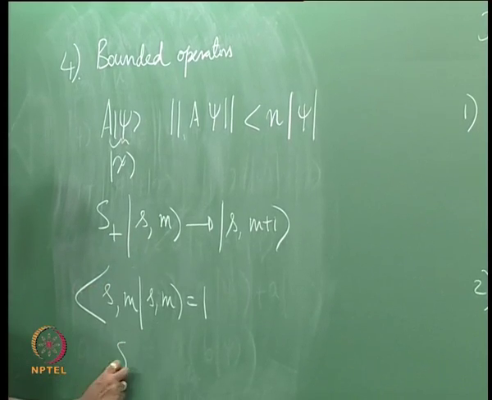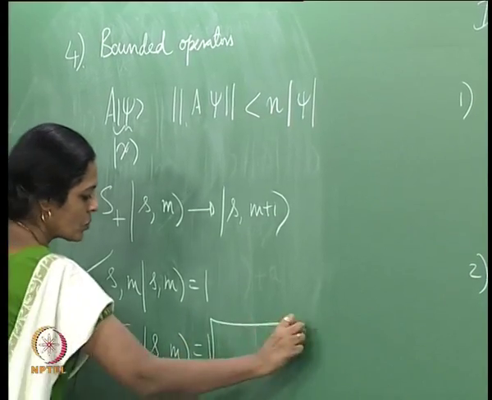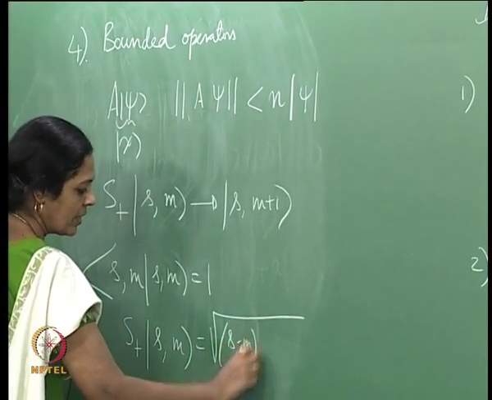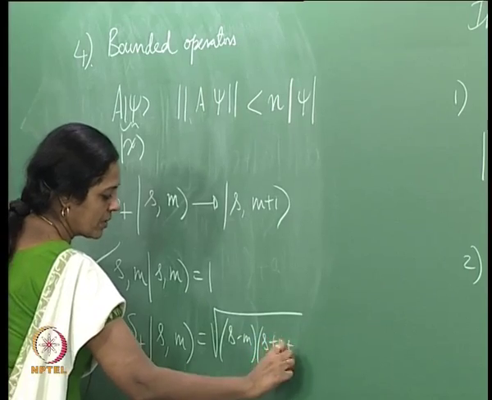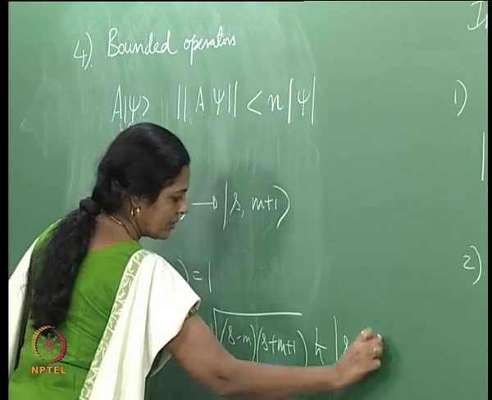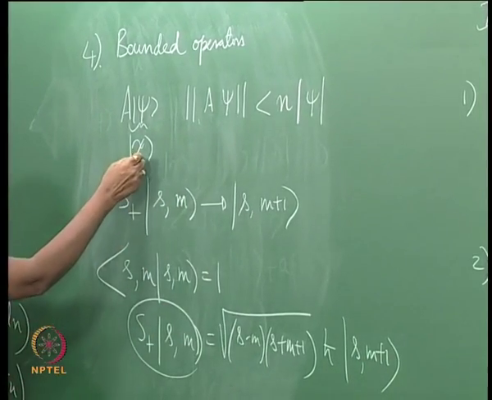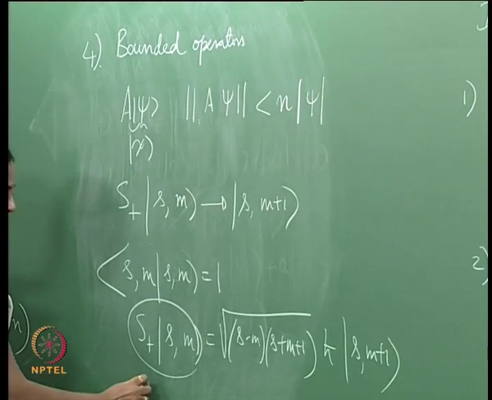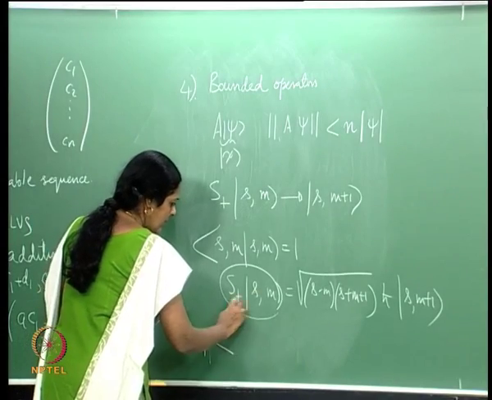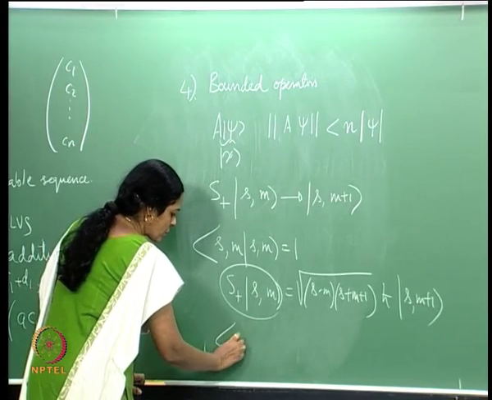Now what happened was this: the detailed calculation showed us that this was root of S minus m times S plus m plus 1 h cross S comma m plus 1. So this is the new state, which is analogous to chi out there, and surely this new state is not normalized to 1.